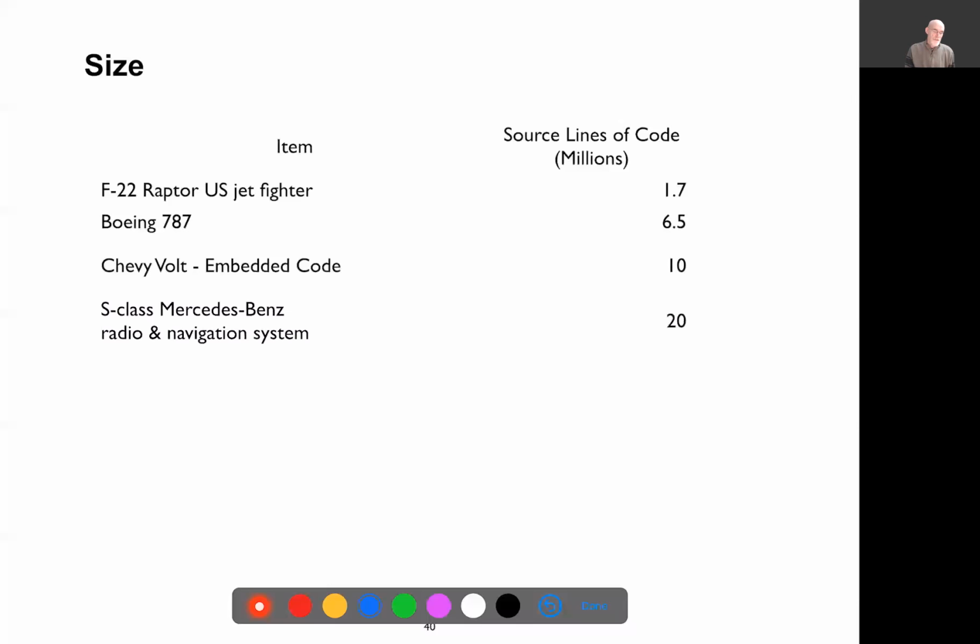And again, this information is old. This is before cars were trying to be self-driving or semi-self-driving. Just the radio and the navigation system, right? The GPS system, just those two things have 20 million lines of code. And again, this is probably 10 years old.